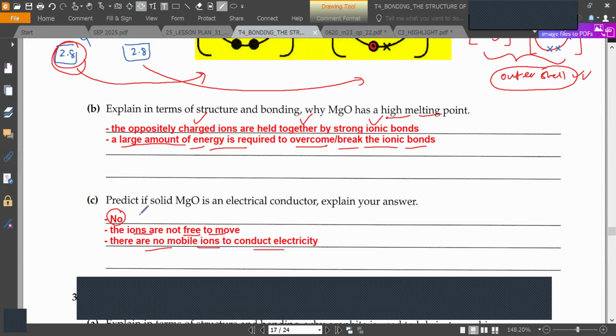This one we are talking about is the solid state. But if we melt it, when molten, it can conduct. So solid magnesium oxide is a non-conductor. These are the key points we need to include to get the full marks.